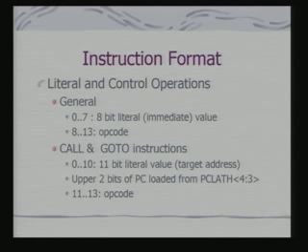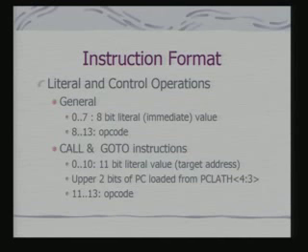Interesting to note that your PC has 13 bits and your call and goto instructions have provision for specifying an 11-bit target address value. So the upper 2 bits come from the PCLATH register, that is, bits 3 and 4 are loaded for the upper 2 bits.